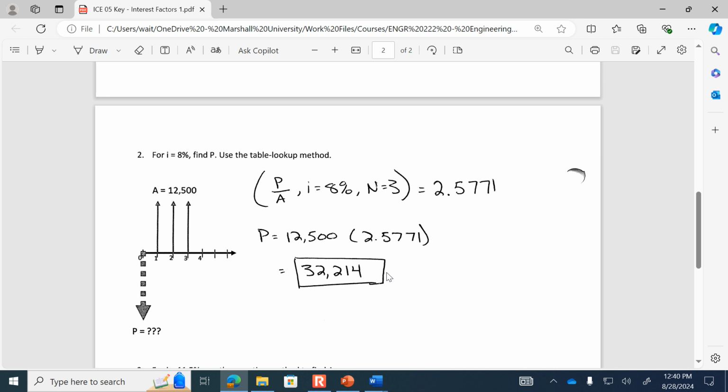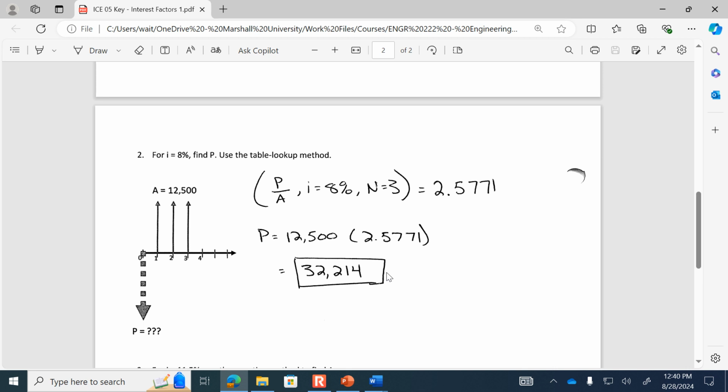Any questions about problem 2? Yeah. Should we always round up in these cases? Not necessarily, no. Let's see, 12,500 multiplied by 2.5771.